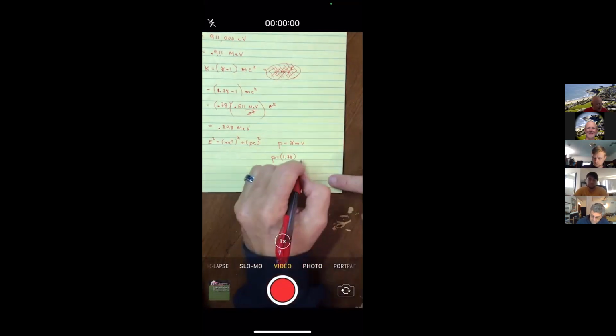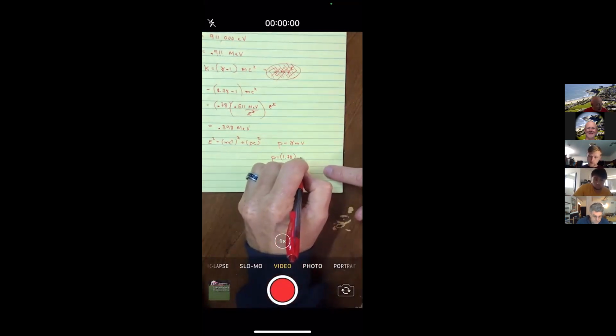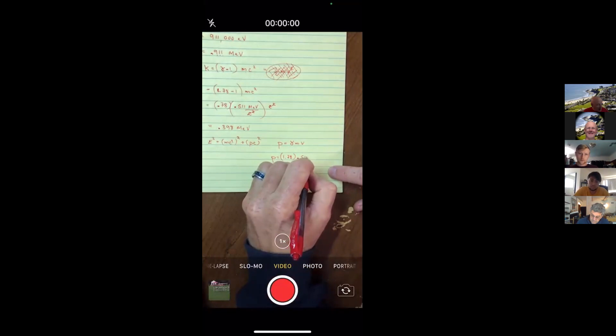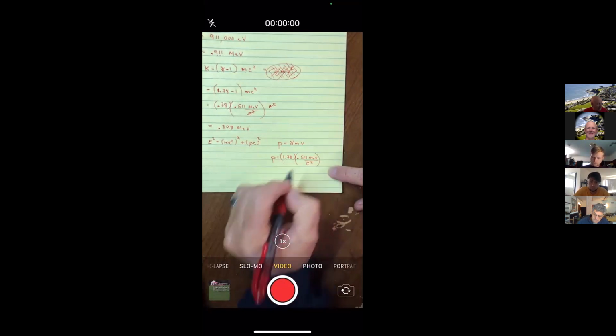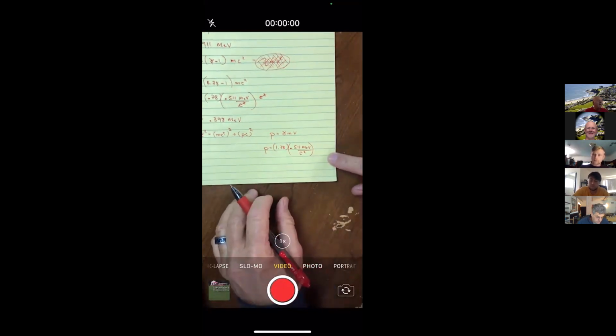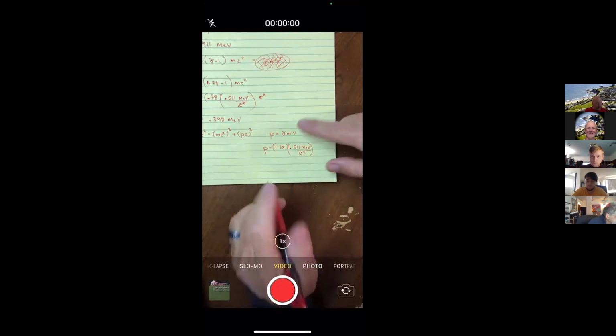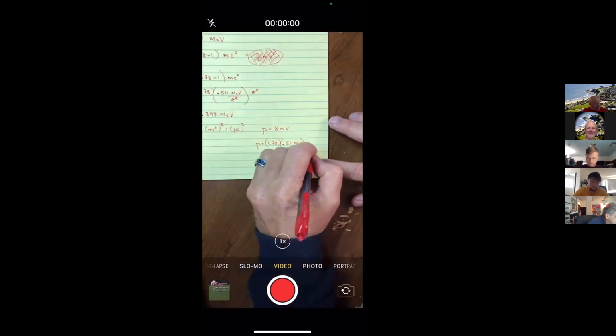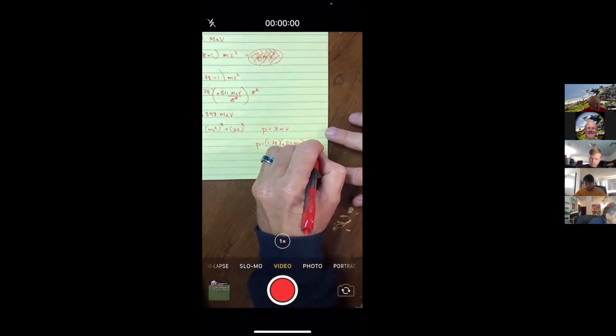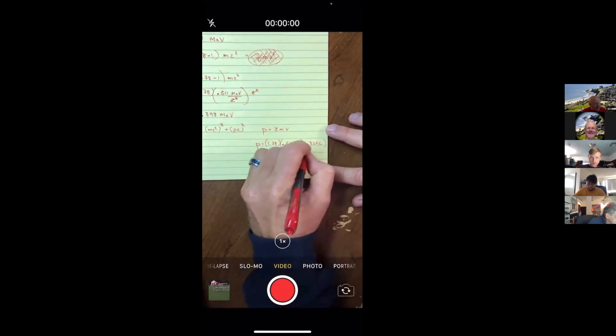But remember the mass was 0.511 MeV over c squared. Okay, that's weird looking. But remember, now we're going to multiply by the speed. And so this speed is 0.827 c.